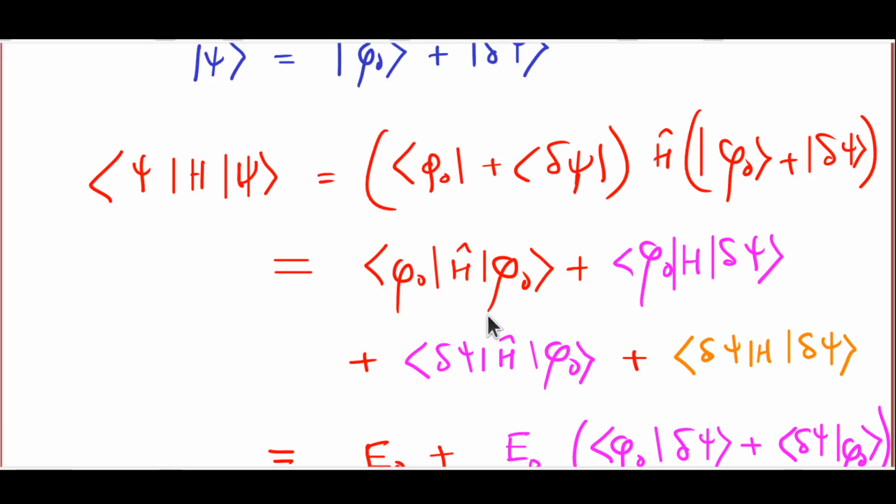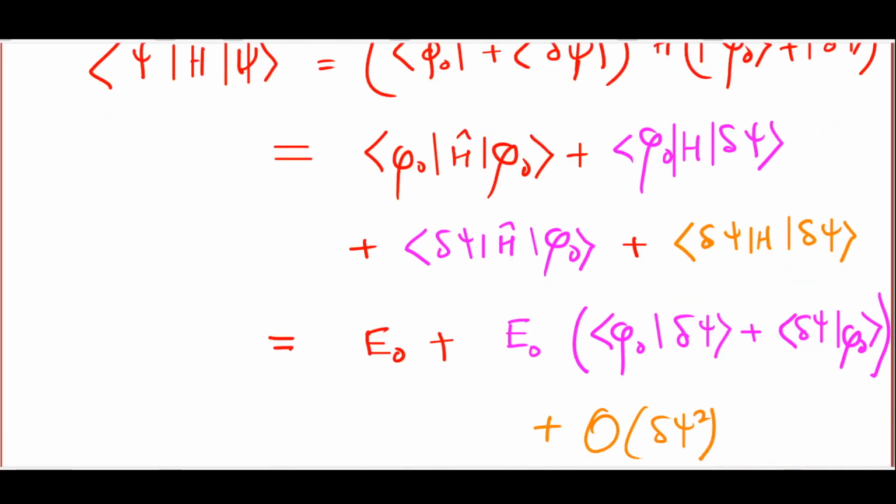it's easy to see that this term is E0, and it's also easy to see that you will get a factor of E0 coming out from both of the terms which are linear in delta psi, so you are left with E0 times this overlap, phi 0 delta psi plus delta psi phi 0.